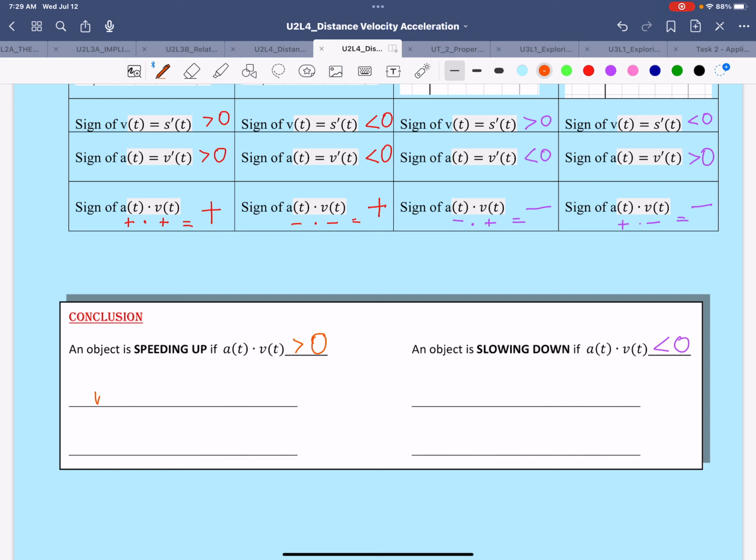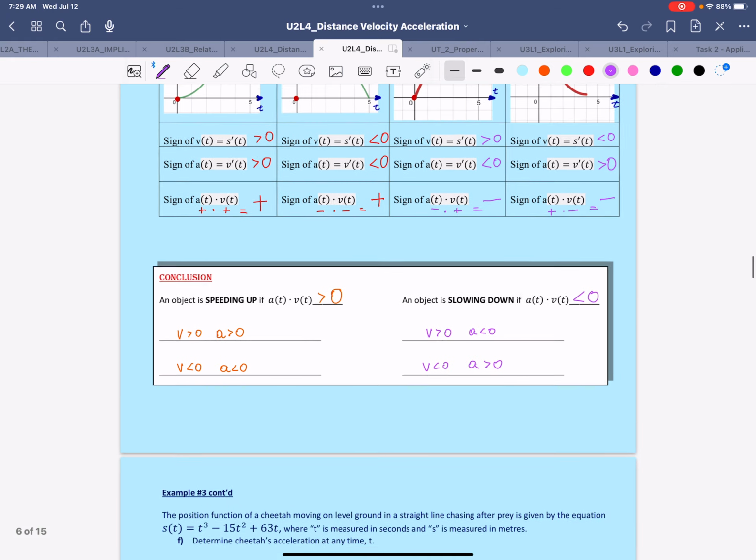When both velocity and acceleration are positive, or when both are negative. So they're going in the same direction in a way. An object is slowing down when velocity and acceleration have opposite signs: velocity positive but acceleration negative, or velocity negative and acceleration positive.